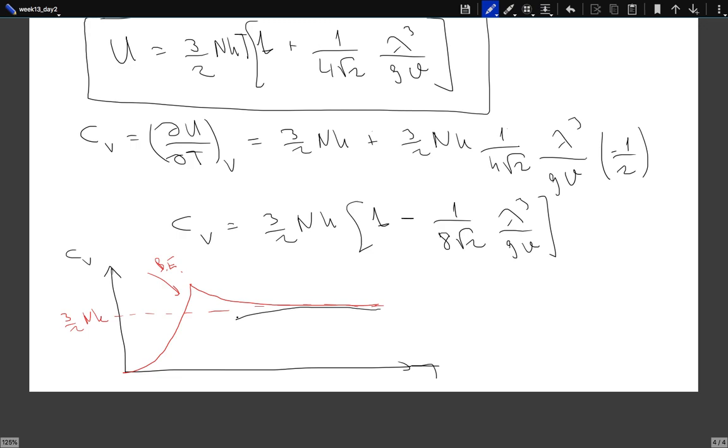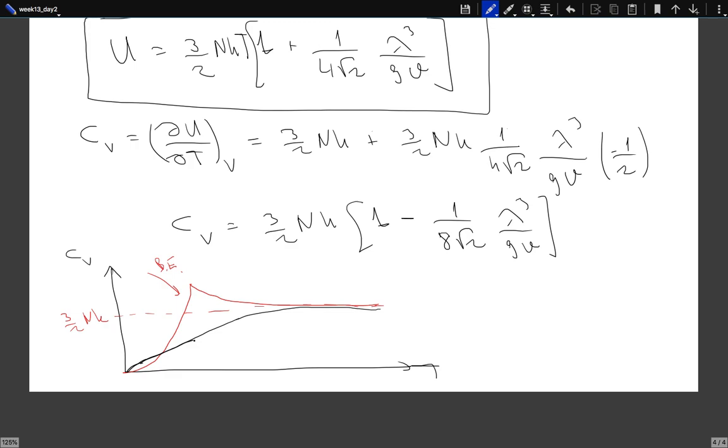And again, the third law of thermodynamics tells us that the specific heat should go to 0 at 0 temperature. So just like the bosonic case, it will go to 0. We will see how it goes to 0. So there is no cusp, it just monotonically decreases and goes to 0.